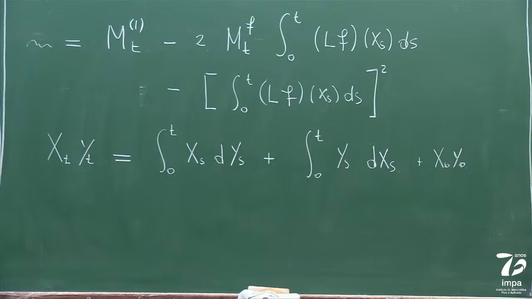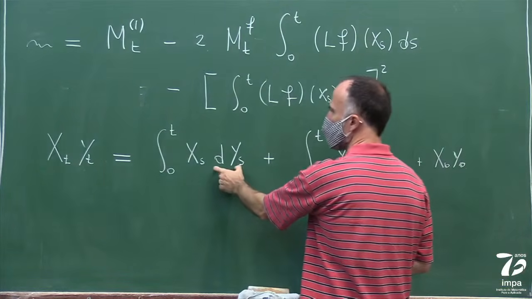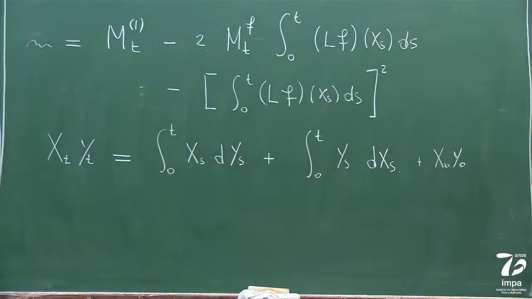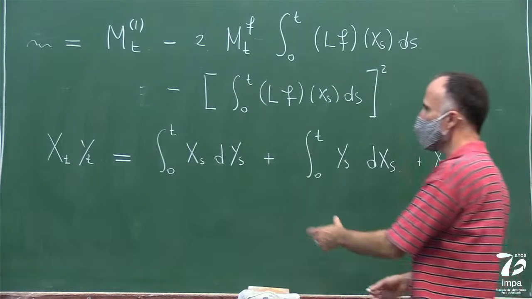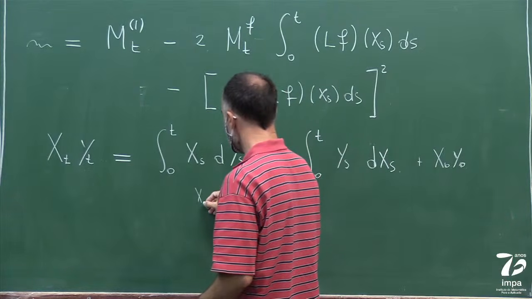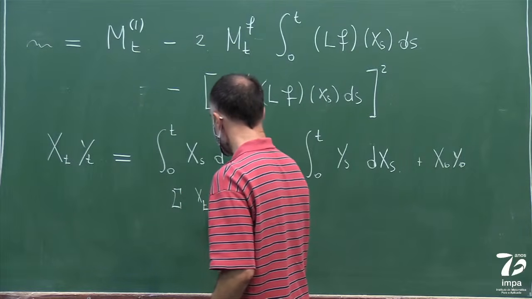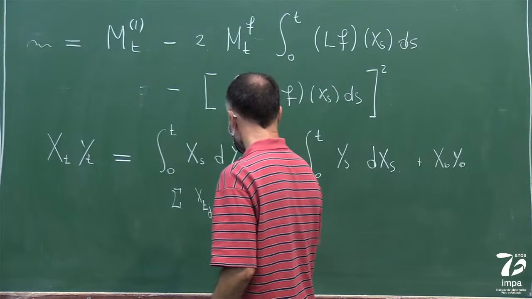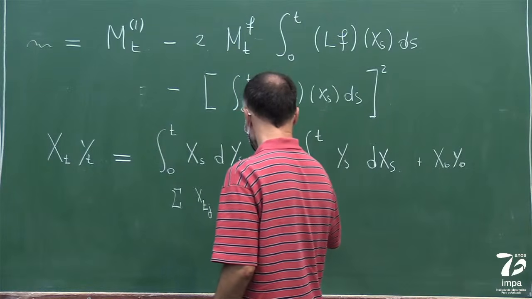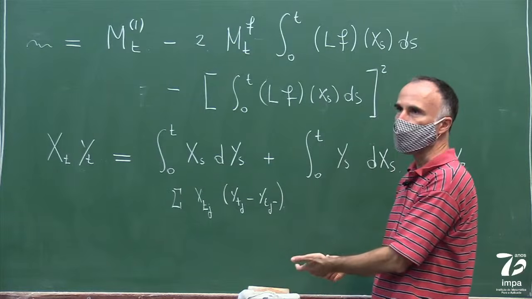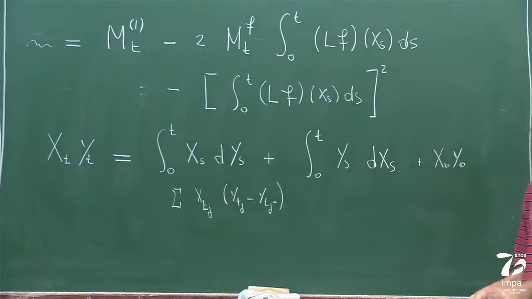So you just decompose your path over all jumps, and then you compute the contributions of each of these jumps. Because this integral will actually be a sum of X_{t_j} times the difference t_j minus t_{j-1}, and t_{j-1} corresponds to t_j minus, because the path is constant on the intervals.